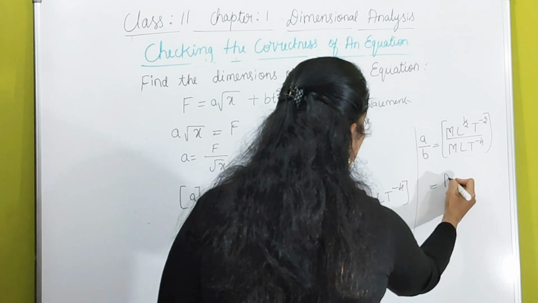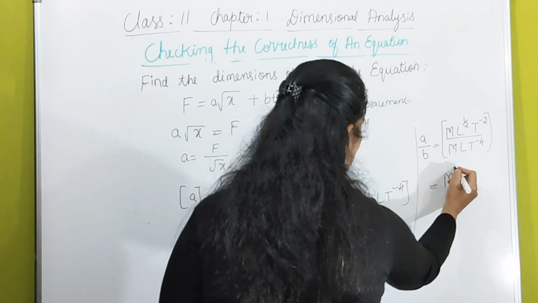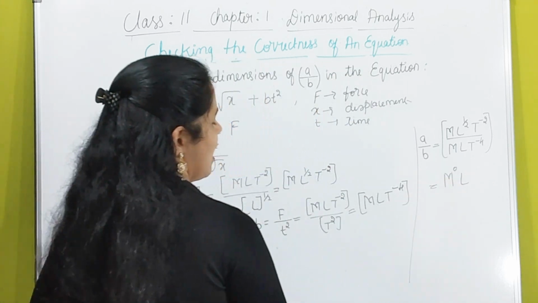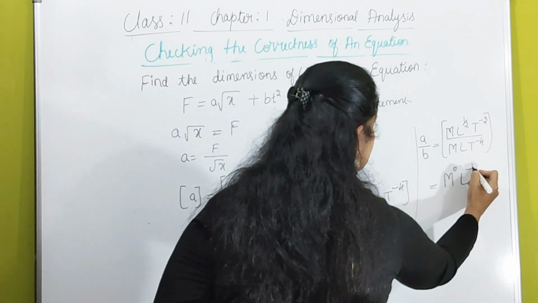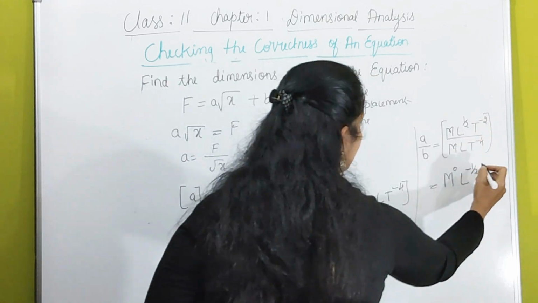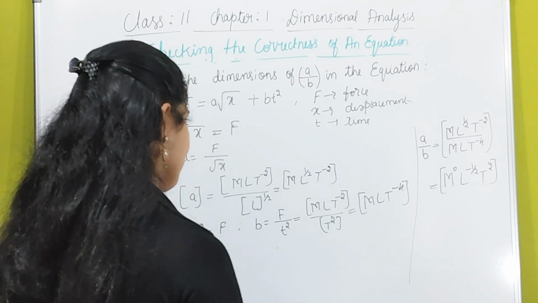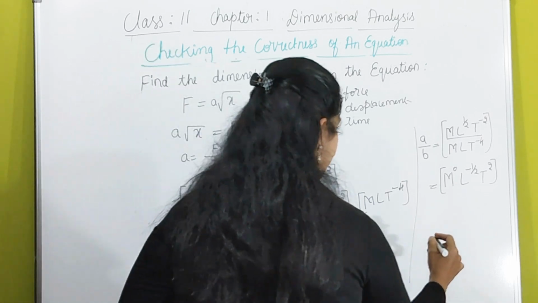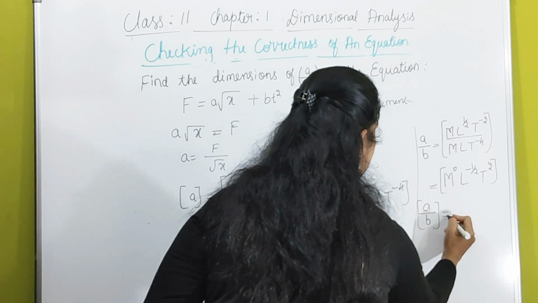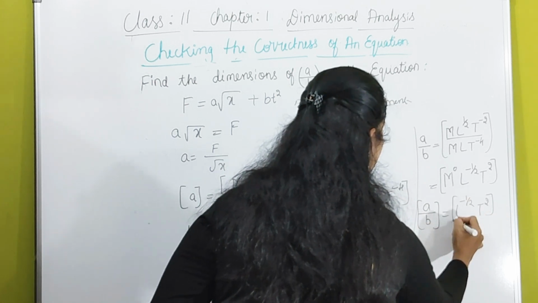So M 1 minus 1 is 0, so there is no M. L to the power half minus 1 is minus half. T to the power minus 2 plus 4 is plus 2. So what is the dimensional formula of A by B? It is L to the power minus half T squared.